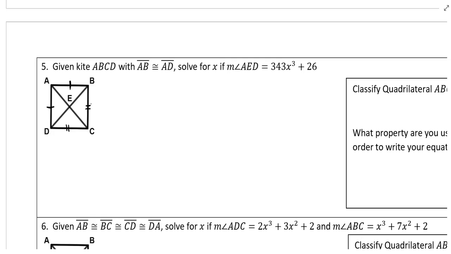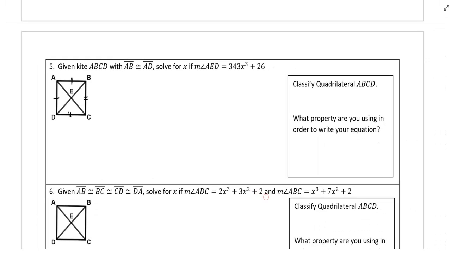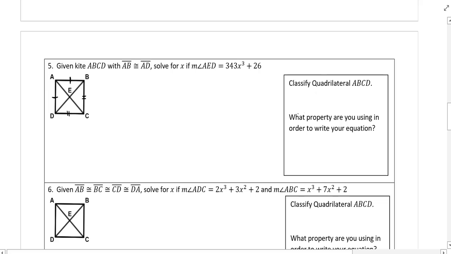That happens where the diagonals cross. In a kite, it says to classify, but they already tell us what it is, so I didn't need to ask you that. But the diagonals in a kite are perpendicular, so I can say that the measure of angle AED is 90.